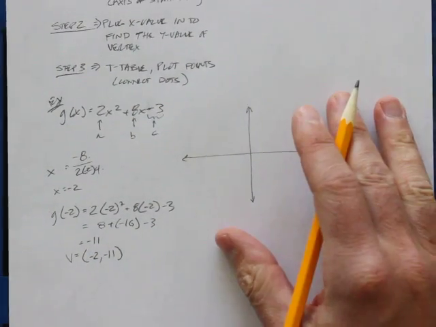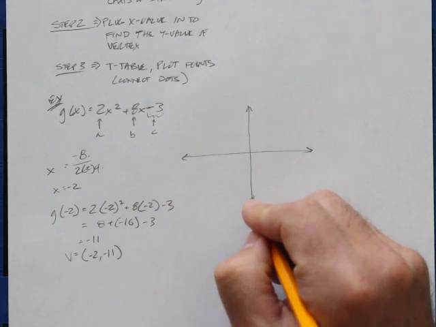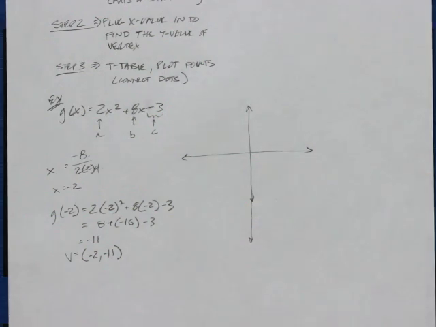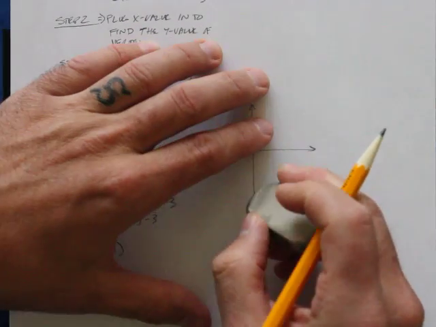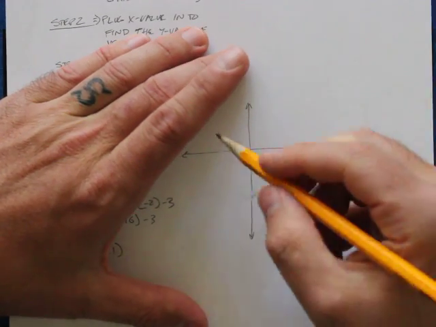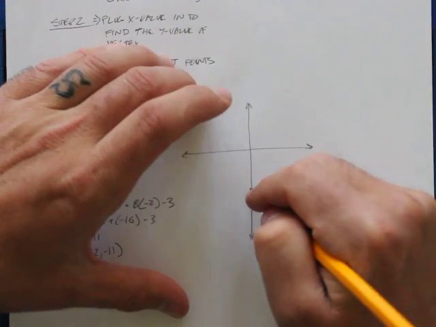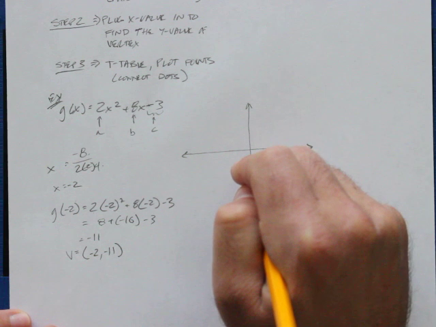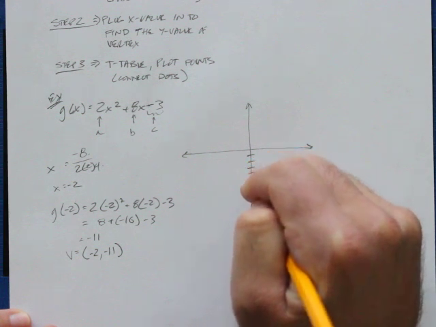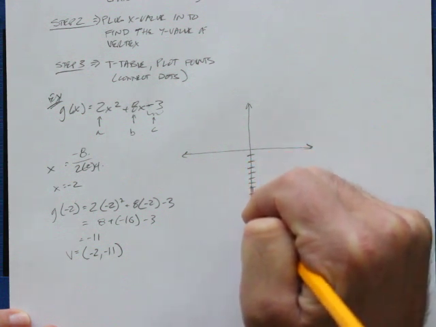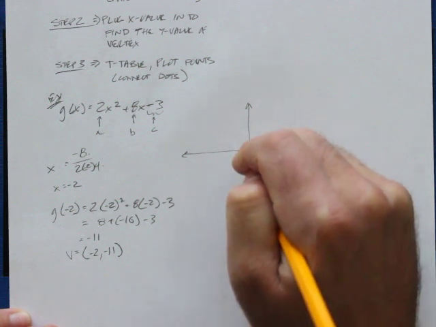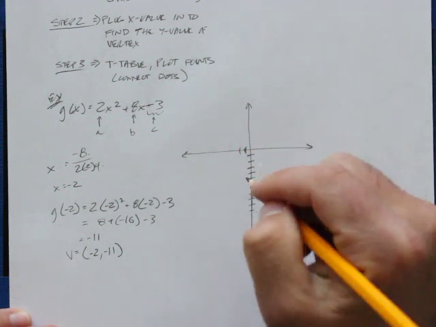So I might not have drawn my graph quite long enough here. I'll go like that. So I'm going to go 1, 2, 3, 4, 5, 6, 7, 8, 9, 10, 11, and negative 2, negative 11.